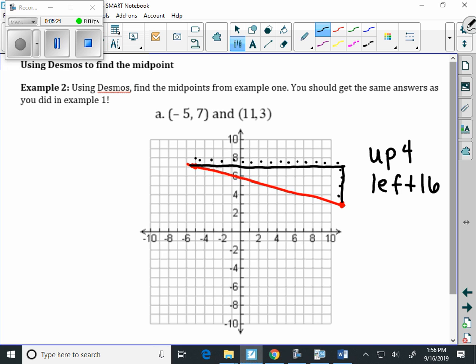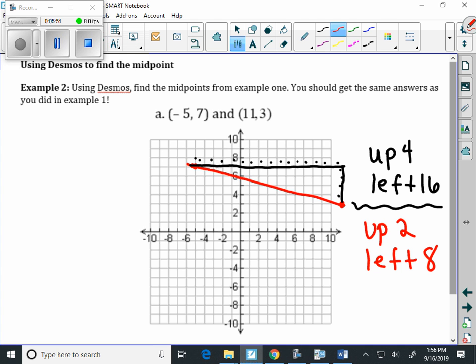16. But in order to find the midpoint, what we need to do, and what we did with the formula, is we cut everything in half. So to find the midpoint, instead of going up 4, we can go up 2. Instead of going left 16, we can go left 8.